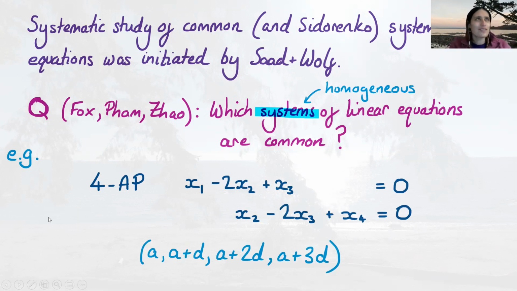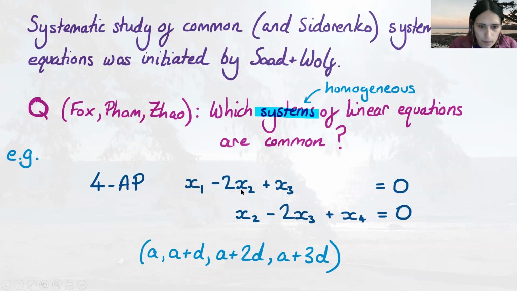It's just like the single equation, but we've now got more than one equation. So for example, the 4-term arithmetic progression, which is the one we're going to think about a lot today. This is just the system of equations where we have 2 equations now. Again, you could have as many equations as you want. Your coefficients are all in some predefined group or field.